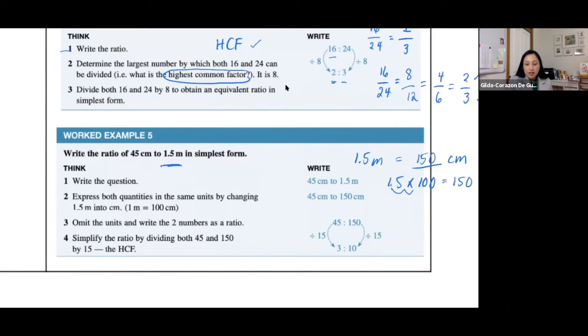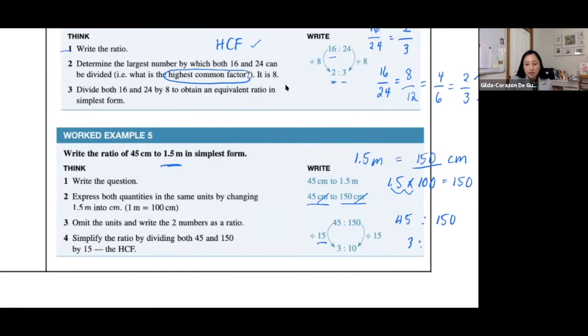Okay, so now we've got 45 centimeters and 150 centimeters. We can now take out those units because ratios don't use units. We can write out our new ratio, 45 to 150. And now think of our highest common factor. What is the highest common factor of 45 and 150? It's 15. And how many 15s go into 45? There's 3.